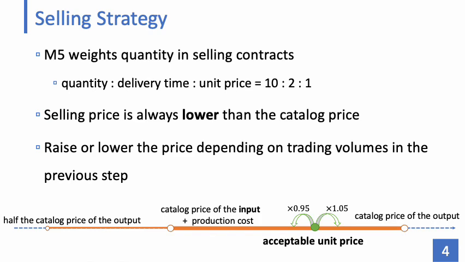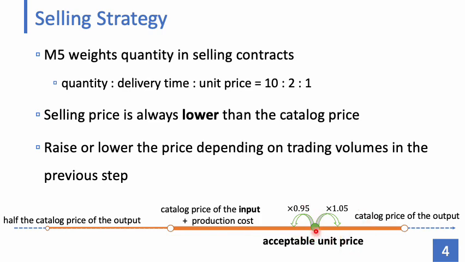Next, I'll talk about the selling strategy. M5 weights quantity and M5 doesn't weight the unit price in selling contracts. M5 sells products at a low price. Selling price is always lower than the catalog price. And M5 controls the selling price.